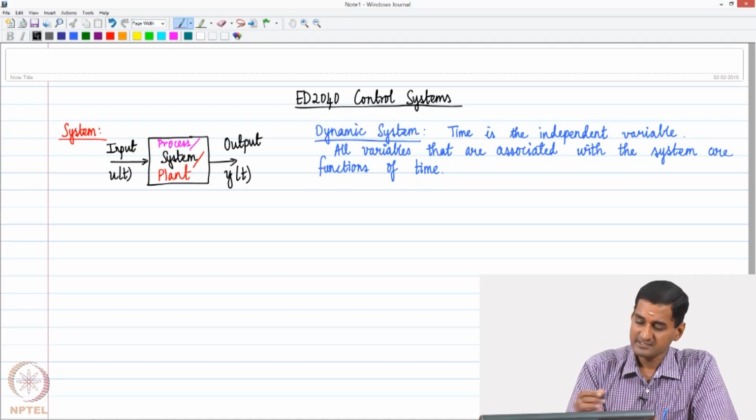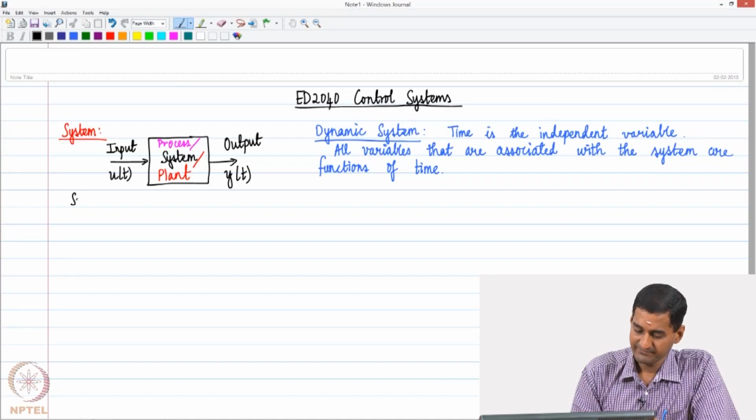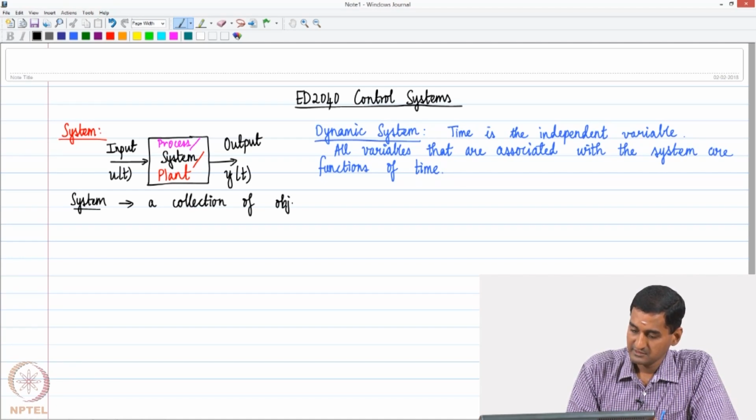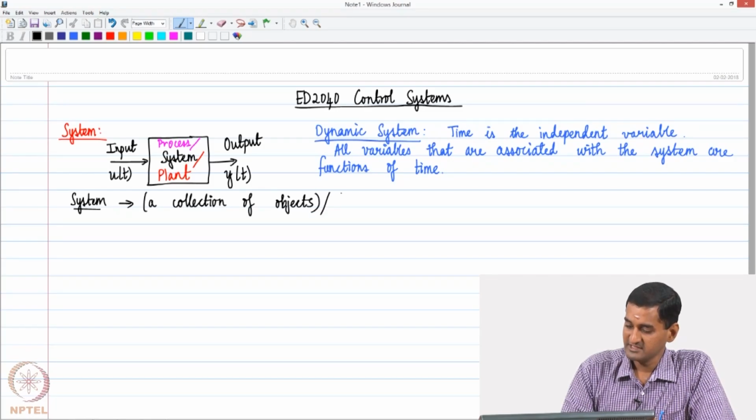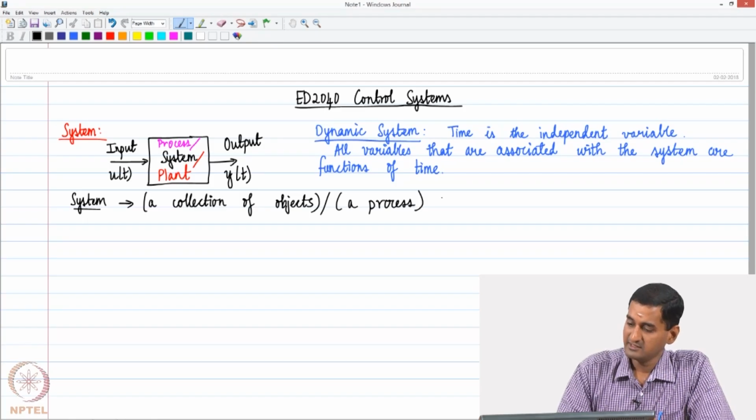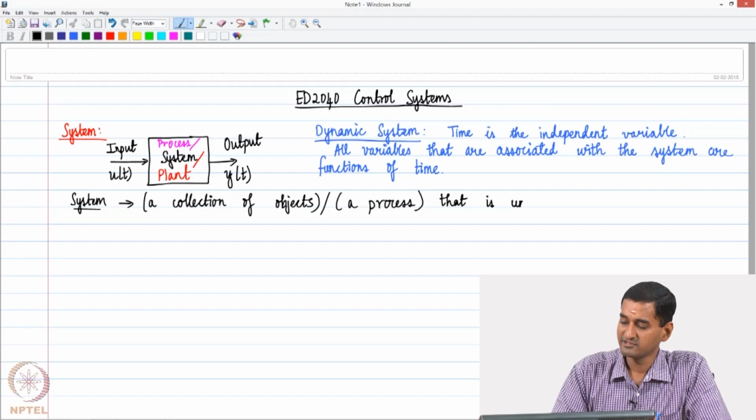So, for us, a system is a collection of objects, or a process, that is under study.